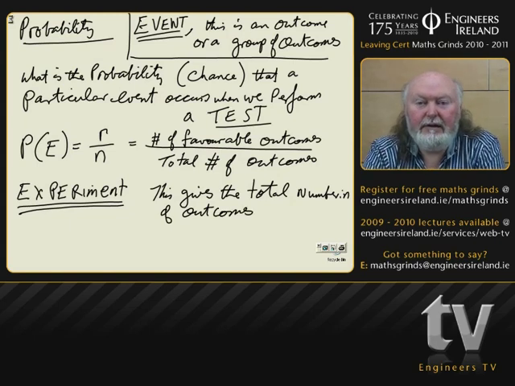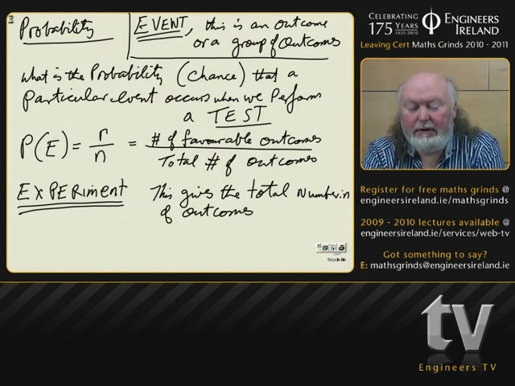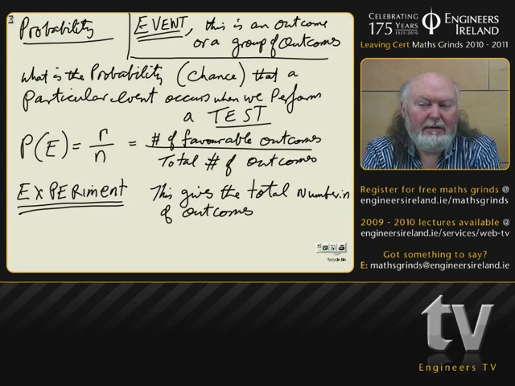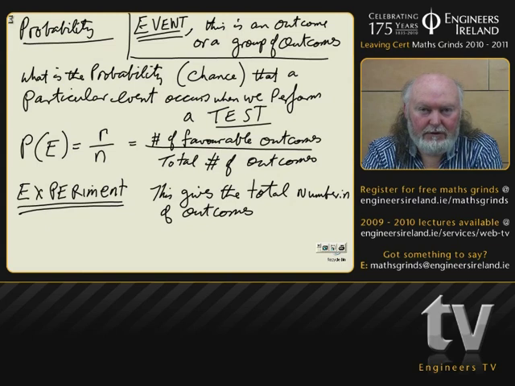The experiment will tell us the total number of outcomes. It's the game that gets played. In the game that gets played, there'll be a number of events that'll be of interest to us.